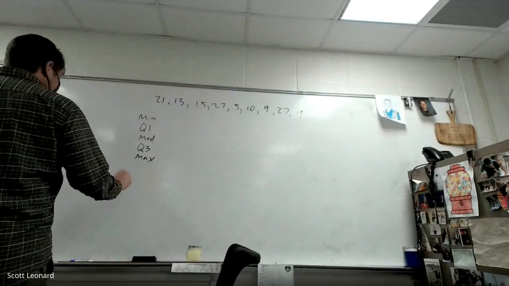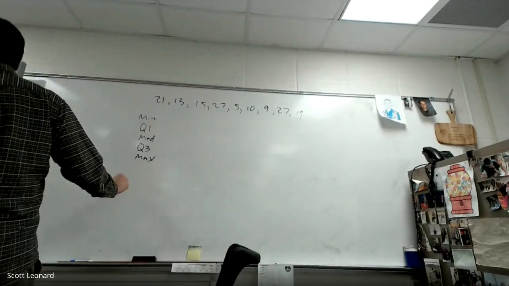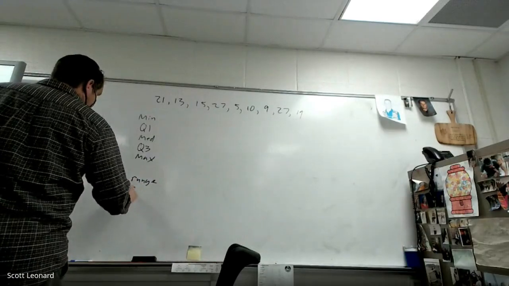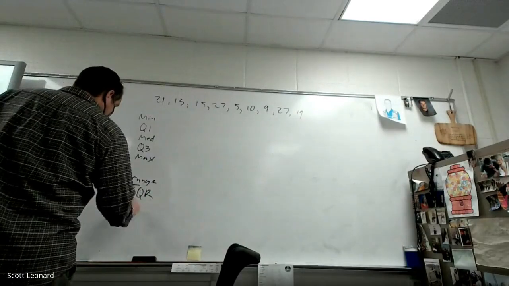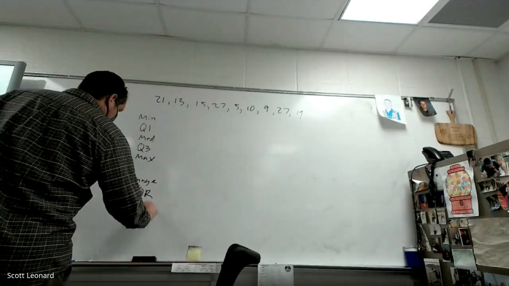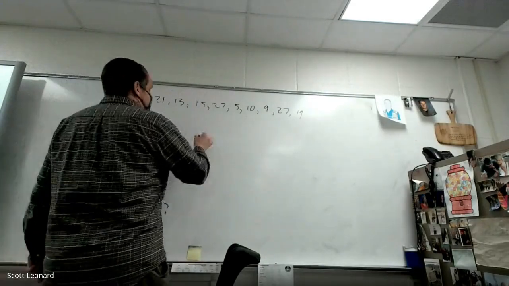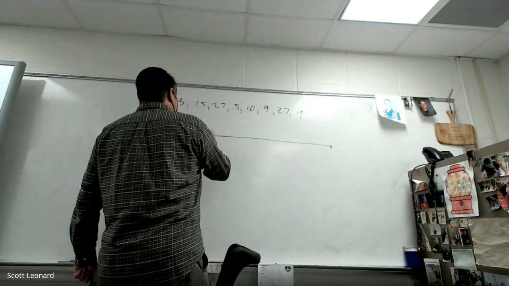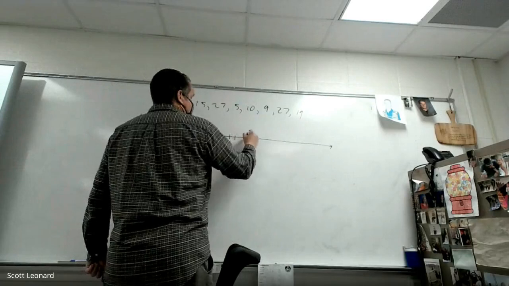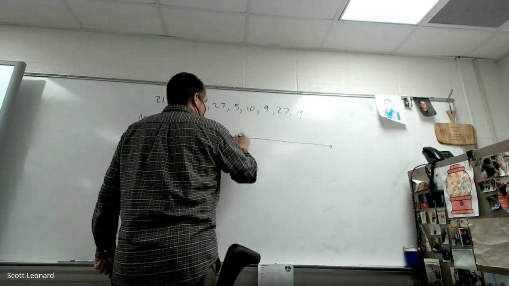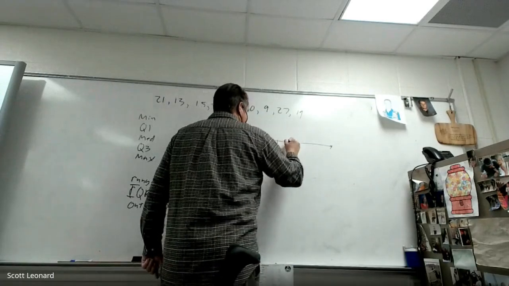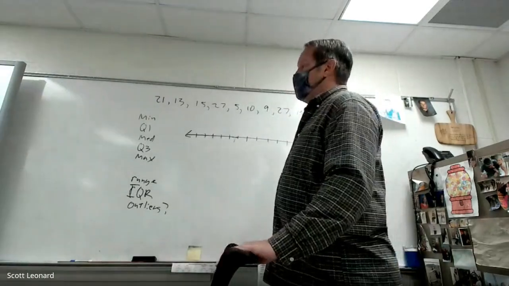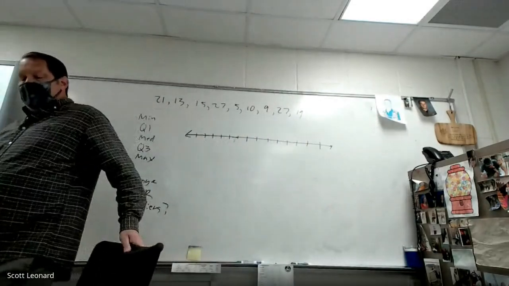Then we're going to find the range, the IQR, and are there any outliers? After you've done that, make your box and whisker plot. So have you mastered the stuff we did yesterday is what you're doing right now. Give you guys about 5 to 10 minutes to finish that. Then we will move on.